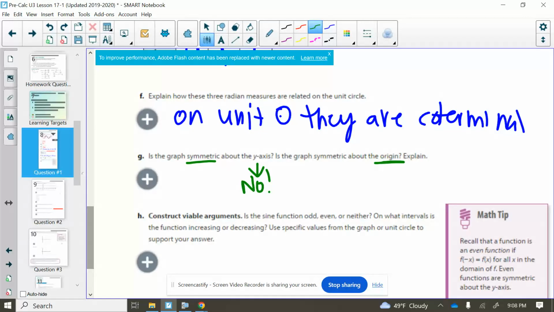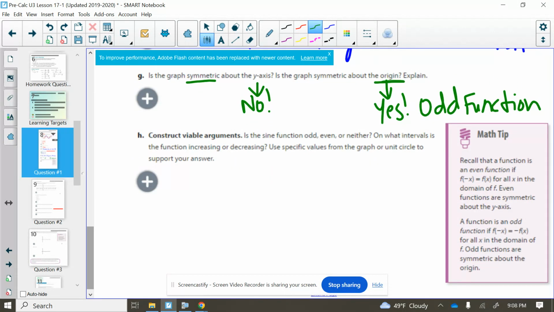So because this does have symmetry to the origin, we would call this an odd function as a result. So sine is going to be an odd function like we talked about in our previous units. So again, that connects to the next question.